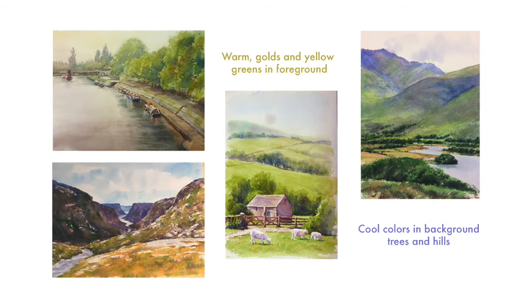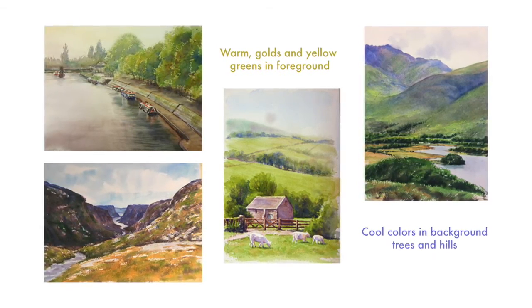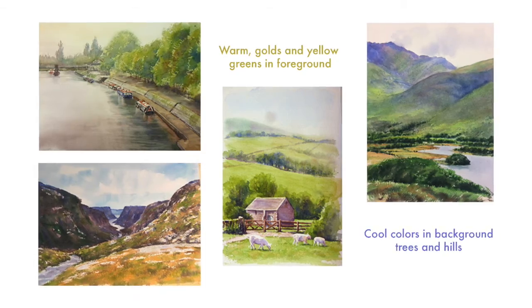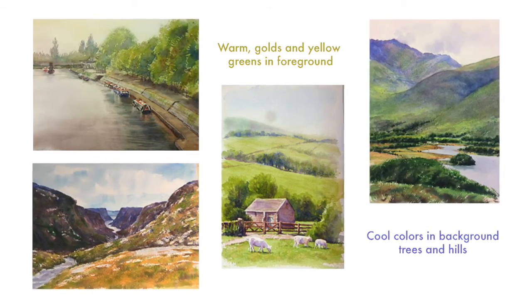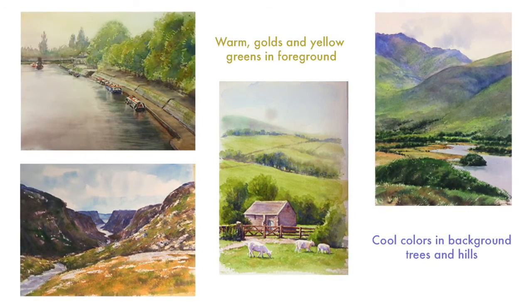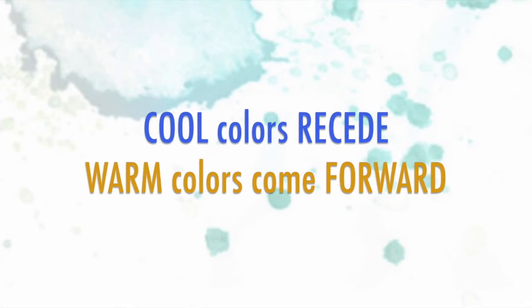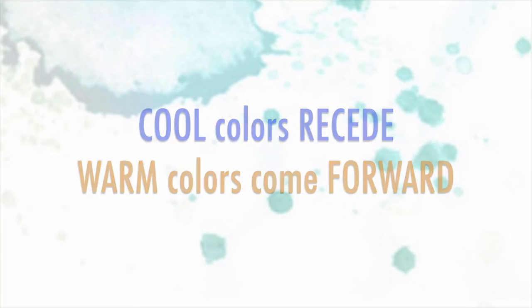In your foreground and even in some middle ground trees, hills, grasses, or shrubs, use warmer colors because once again, they come forward. Use this knowledge as a way to increase depth and perspective and separate the elements in your artwork. Cool colors recede, warm colors come forward.